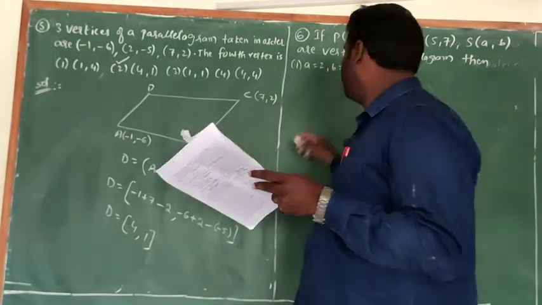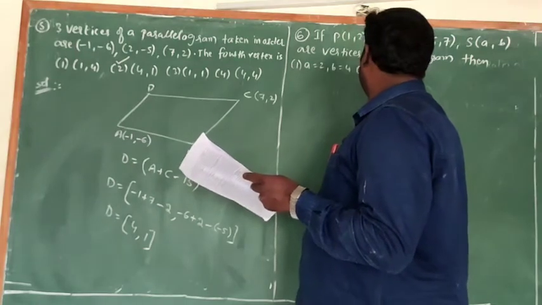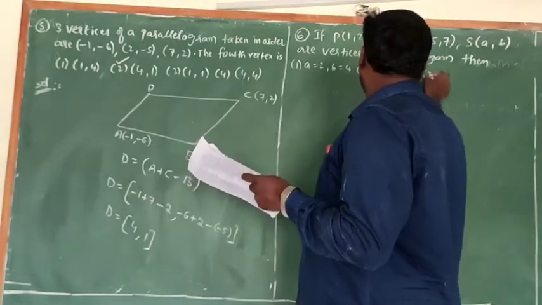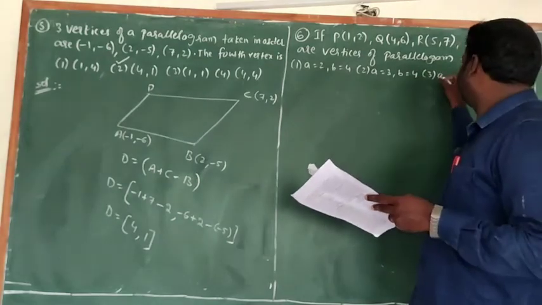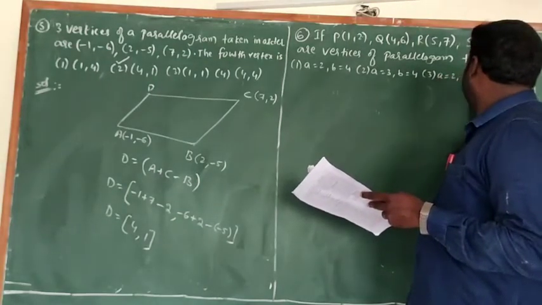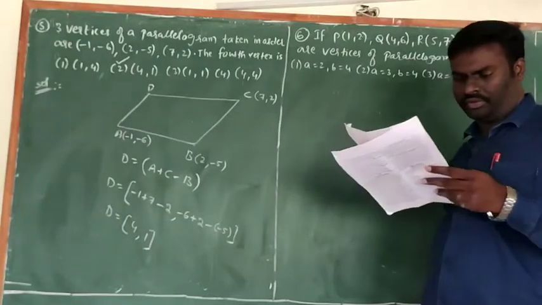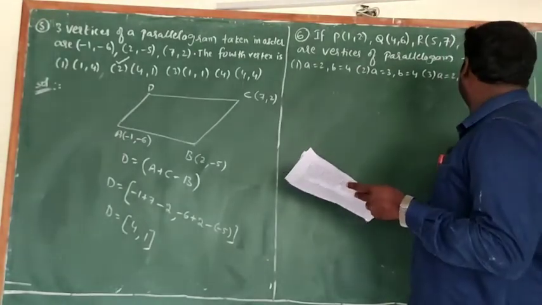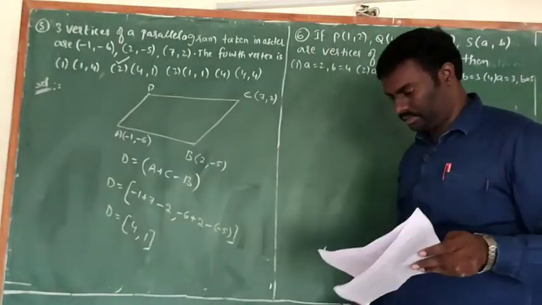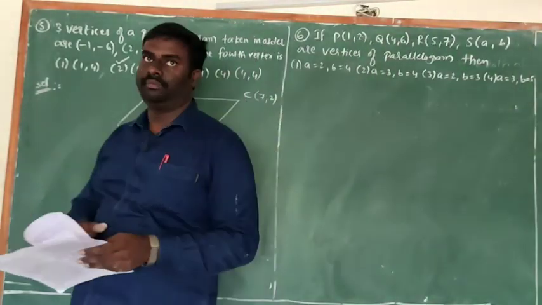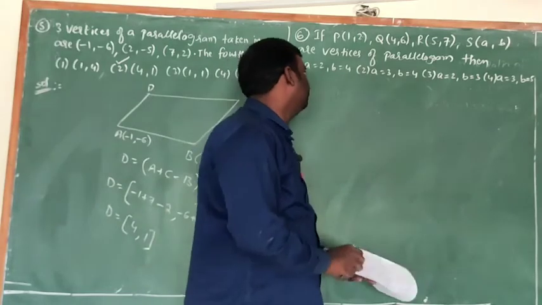Second, A3, B4. Third, A value 2, B value 3. Four, A3, B5. Okay. Now, I'll draw the diagram.